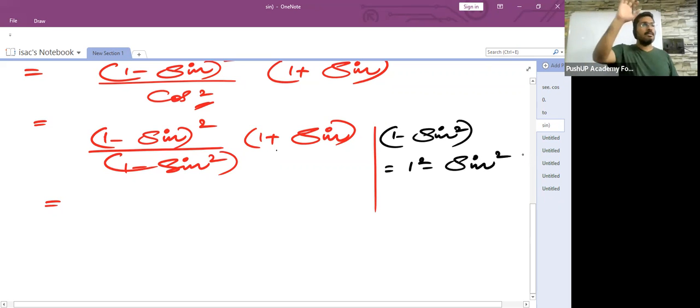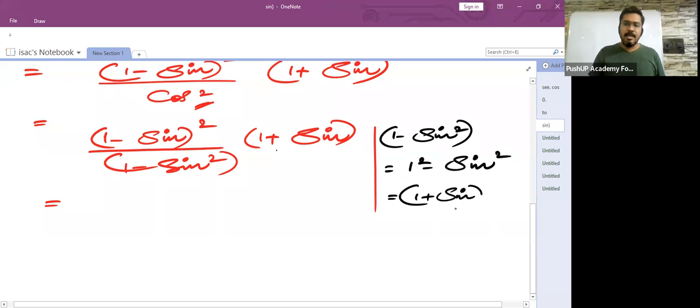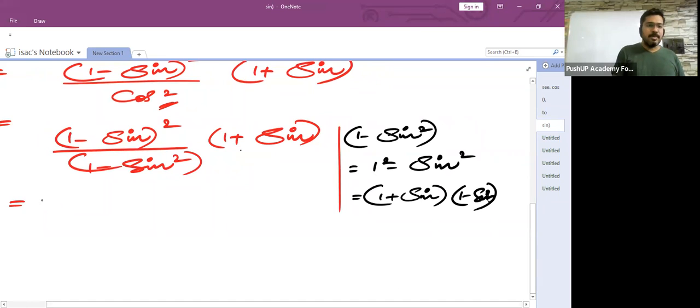Am I right? And this is exactly the a square minus b square form, which is giving you 1 plus sine into 1 minus sine. Can't I use this? So let me use that.